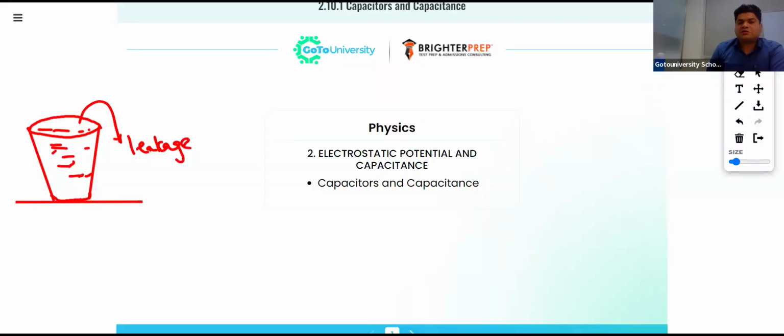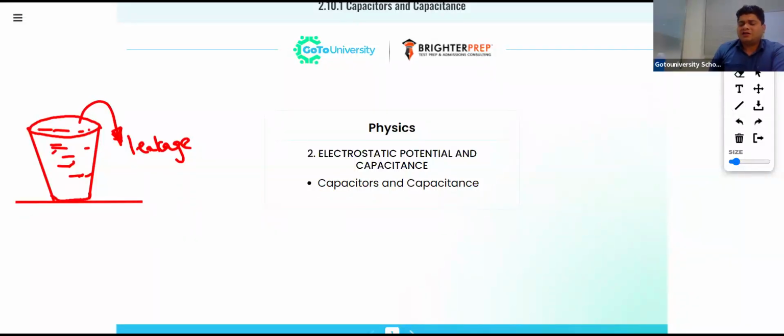Same goes for the charges. You can store charge in a capacitor also. A capacitor is a device which stores charges. In a capacitor also, you can store charge up to some level. After that, what will happen? Charge will leak.